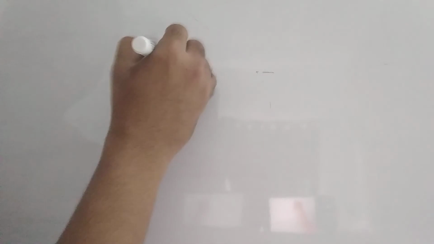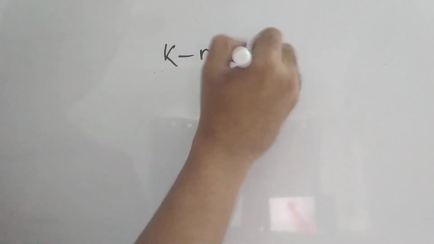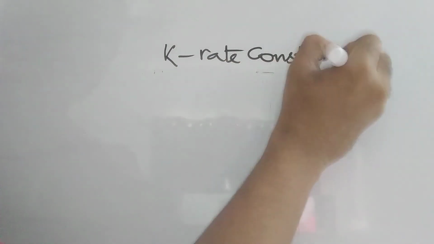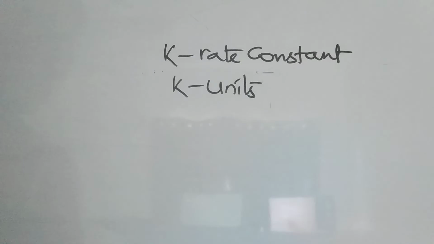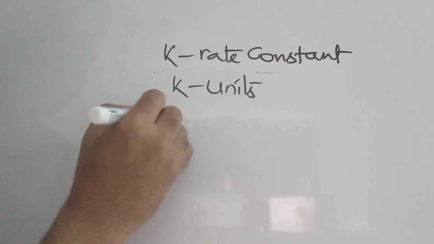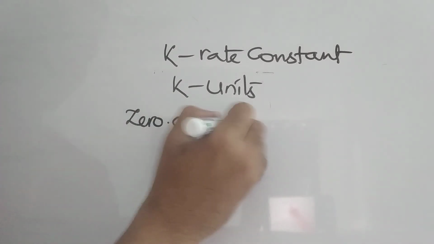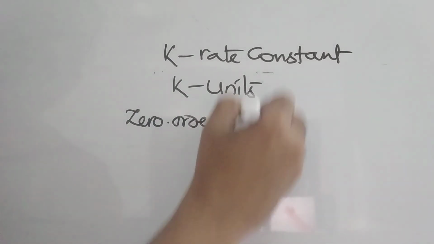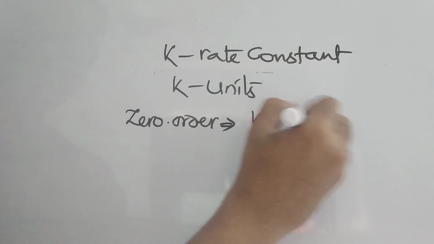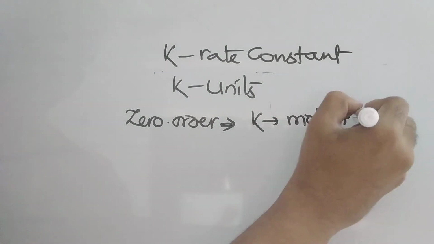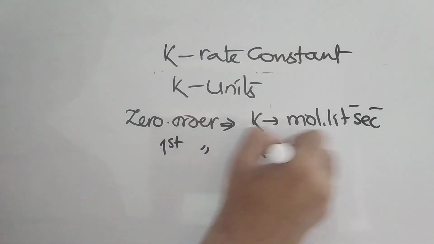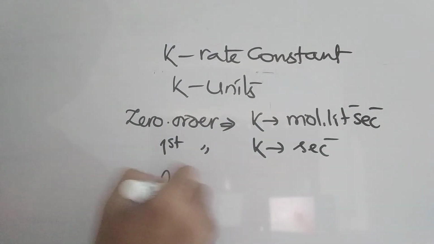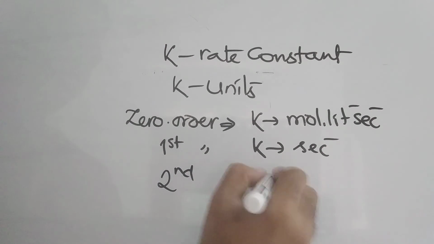K here is called the rate constant. K units are very special. K units will be moles per liter per second for zero order reactions. What is order? I will explain that now. For first order reaction, per second. For second order reaction, liter per mole per second.